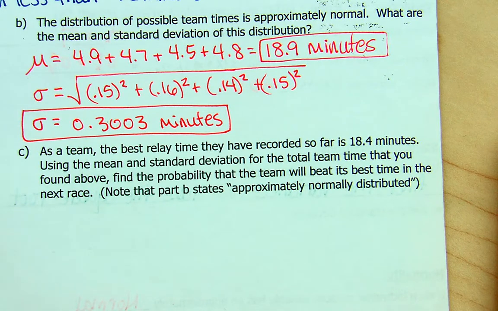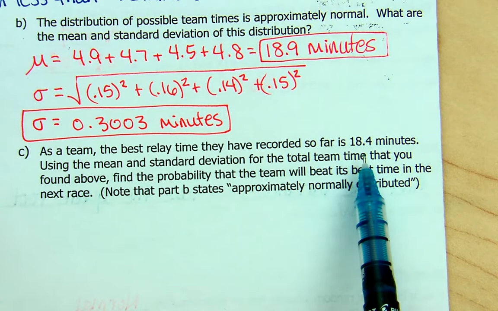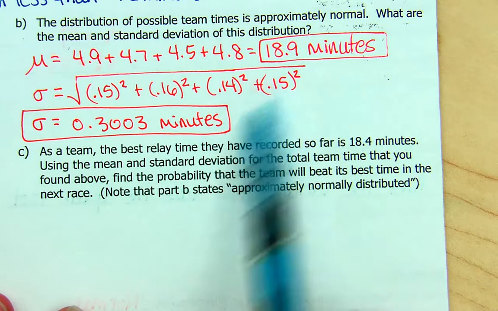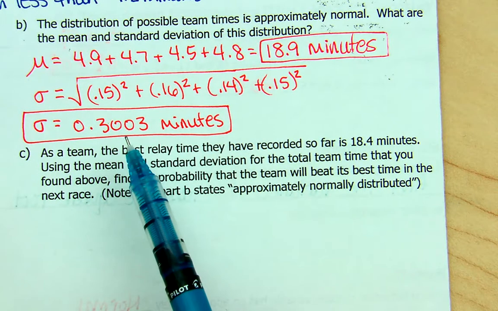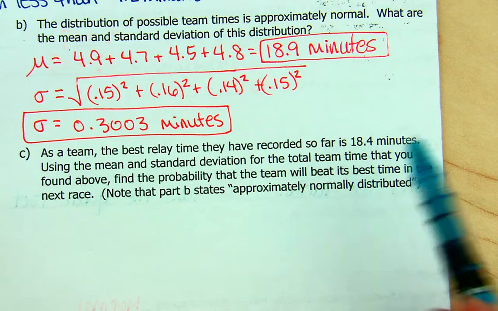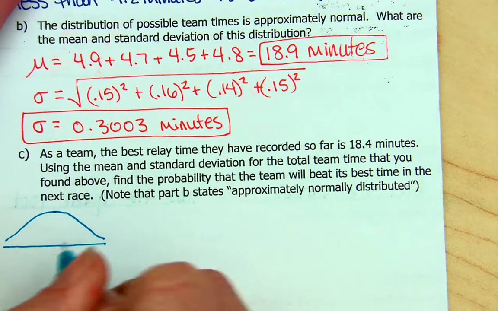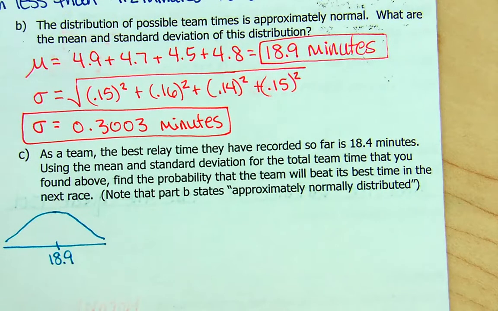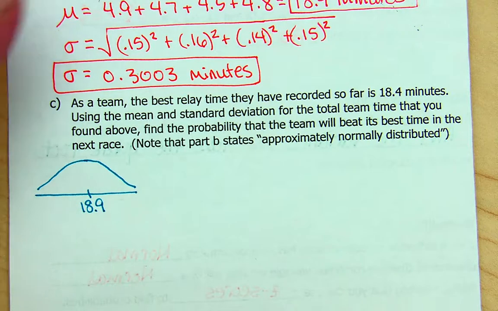Okay. So part C says, as a team, the best relay time they have recorded so far is 18.4 minutes. Using the mean and standard deviation up here, what is the probability the team will beat its best time in the next race? So we're going to use this mean, this standard deviation, with this 18.4. So to draw a picture of it, we label the mean in the middle as 18.9. 18.4 is going to be somewhere over here.